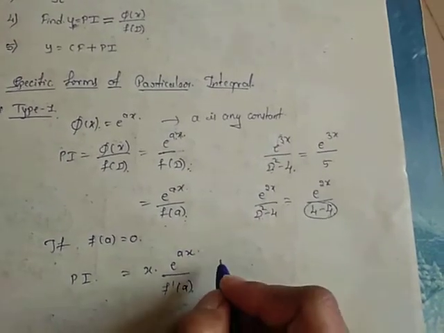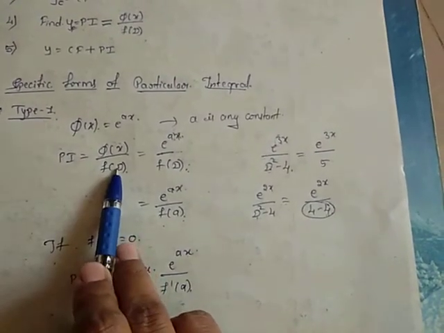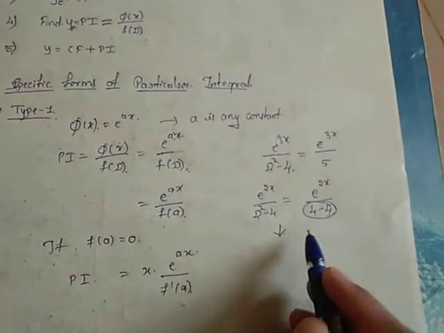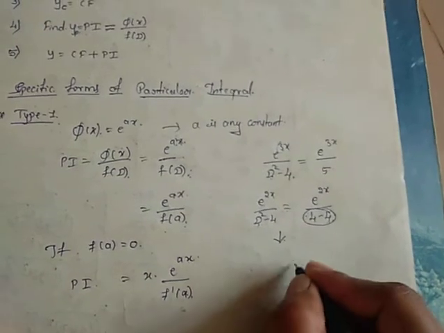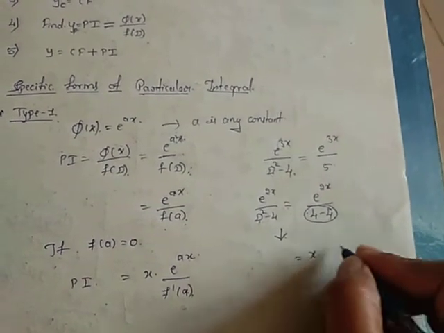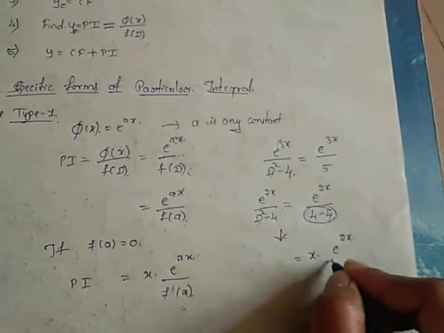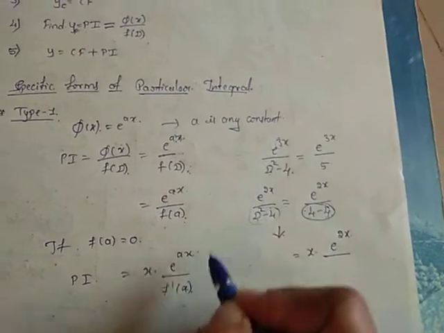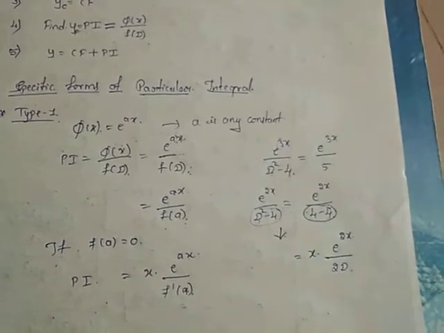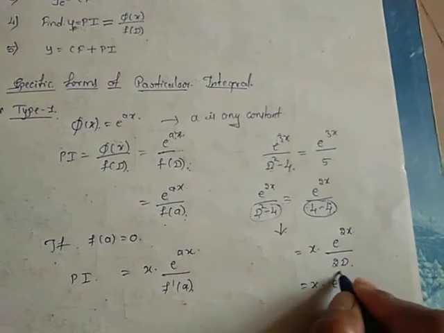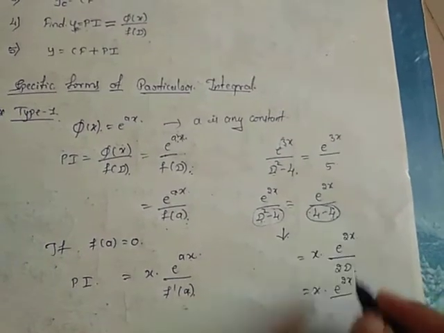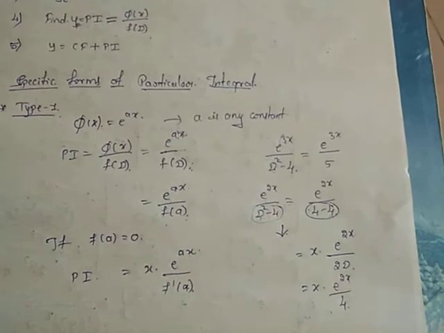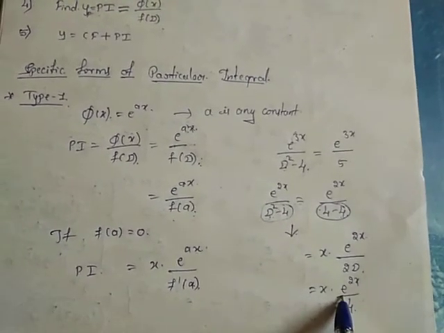That means we find the derivative of f of D and then replace D by a. Take the same example: if the denominator is 0, then the particular integral is x into e raised to 2x divided by the derivative of f of D, which is 2D. Now replace D by a. a is 2, 2 into 2 is 4. So that is the procedure to find the PI.